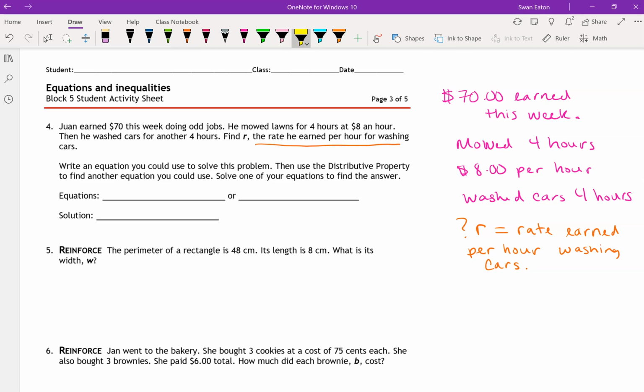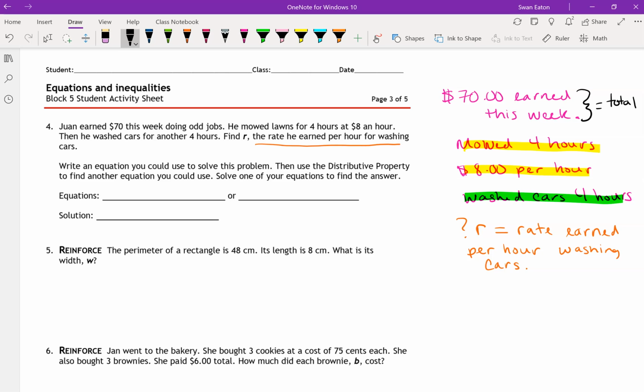We know that he mowed 4 hours for $8 per hour. Like that goes together. But then when they start talking about he washed cars for 4 hours, how much did he make? But we do know that they gave us $70 earned this week.